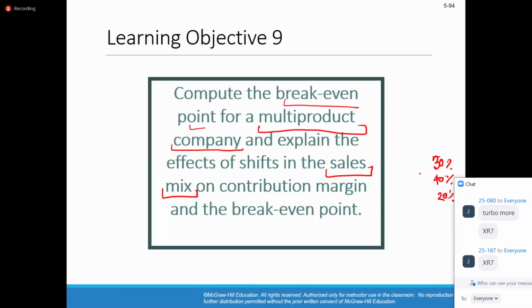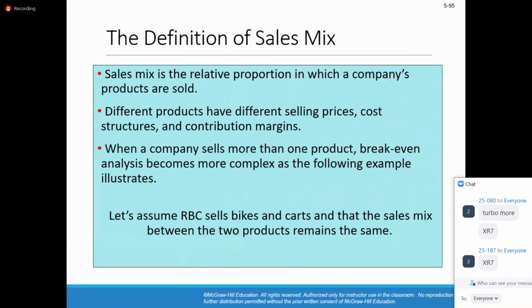It is very hard to find a company nowadays which has a single product, but it is not the case that this kind of company does not exist. Such companies do exist, obviously, but it is often true that you get companies which sell multiple products.